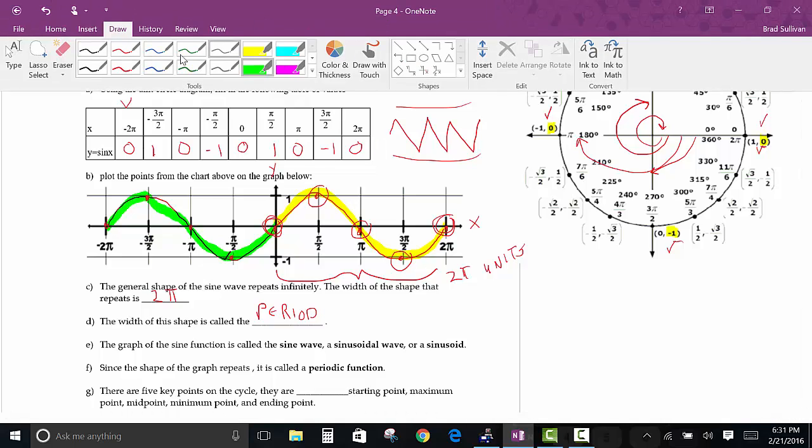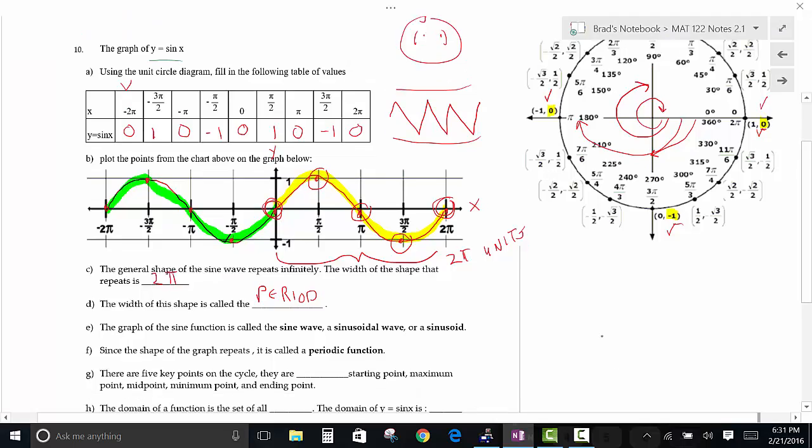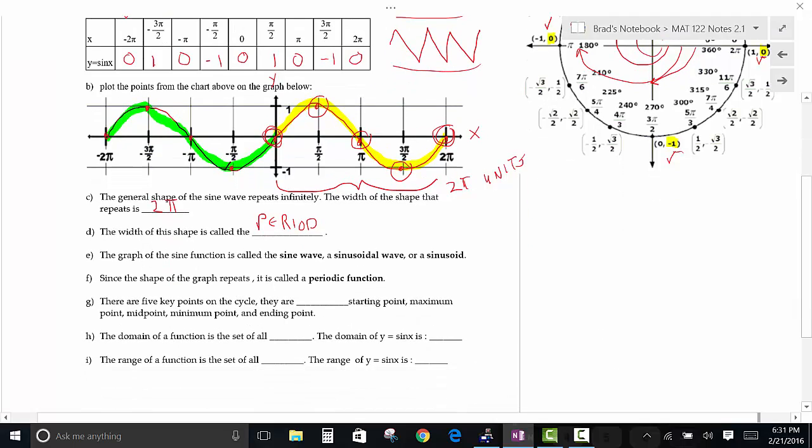So that's the idea. Okay, so let's get a few other key things about this. Generally, we call the graph of a sine wave a sinusoid, or a sinusoidal wave, a sinusoidal function. Since the shape repeats over and over again, we call it a periodic function. The reason that it repeats is that the sine is a y value, and the angles are getting bigger and bigger on the unit circle, but they're coterminal to the angles we've already identified.